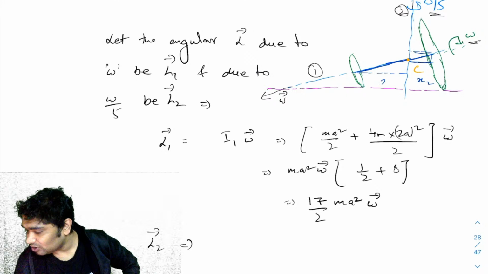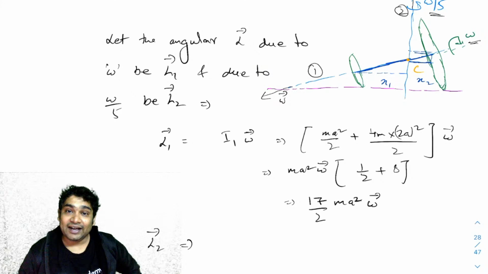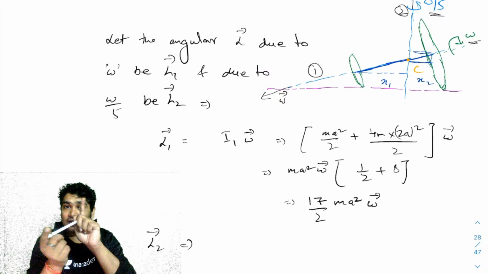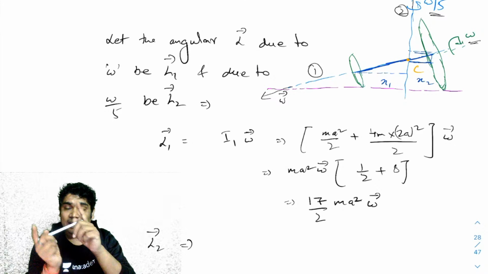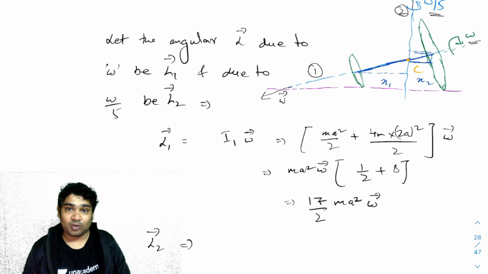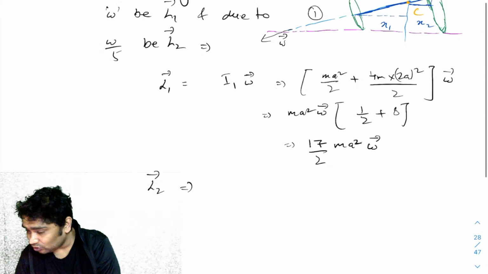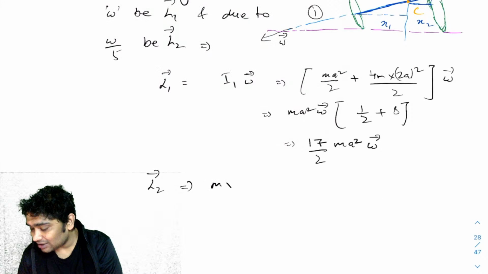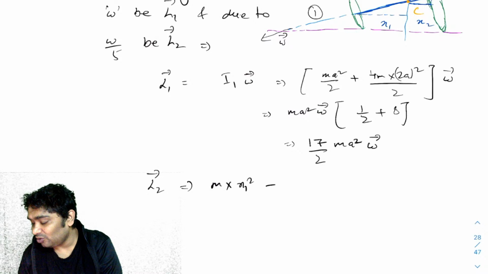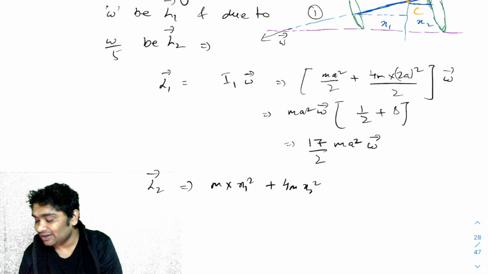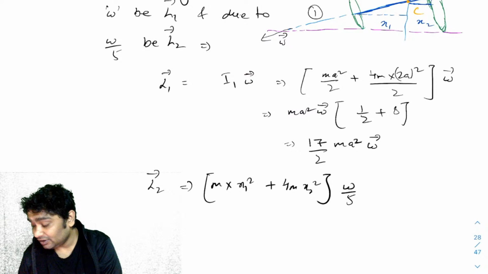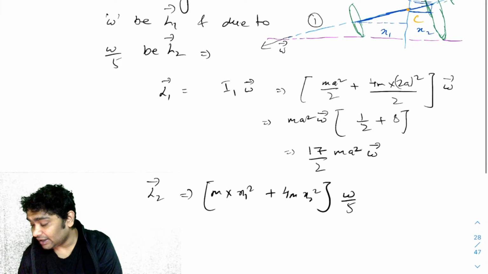Both the disks are now performing this kind of motion, so they are not rotating and can be treated as point masses at their centers of mass. So L2 would have been equal to m times x1 square plus 4m times x2 square, times omega by 5, and this would have been along j cap.